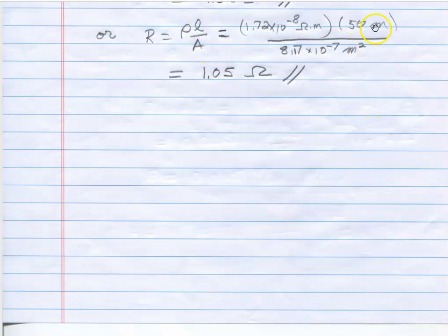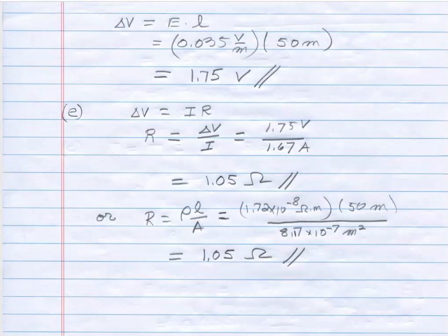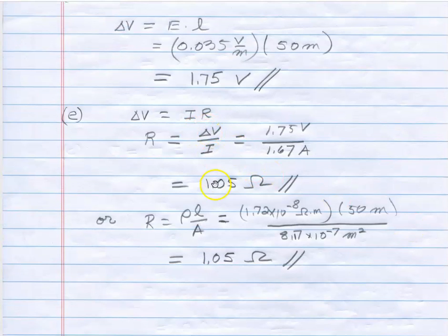We know the length was 50 meters, and the cross-sectional area, we calculated that the very first thing for the wire, which is this 8.17 times 10 to the minus 7 meters squared. And when you do all that calculation, I get 1.05 ohms. So oftentimes on these problems, there's multiple ways to get it. Either one of these, you wouldn't have to do both ways, but either one works fine on this one. Although you might notice this one maybe is a little bit quicker because you kind of already calculated everything here to get the 1.05 ohms.